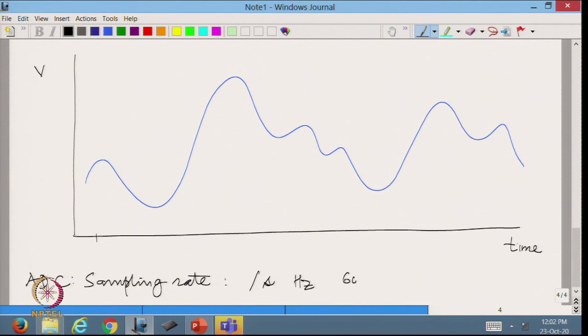A 60 hertz sampling rate means it takes one sample every 1/60th of a second. A 100 hertz sampling rate means 1/100th of a second, or 10 milliseconds. The higher the sampling rate, the faster the A to D converter, so in a way this is an indication of the speed of the A to D converter.